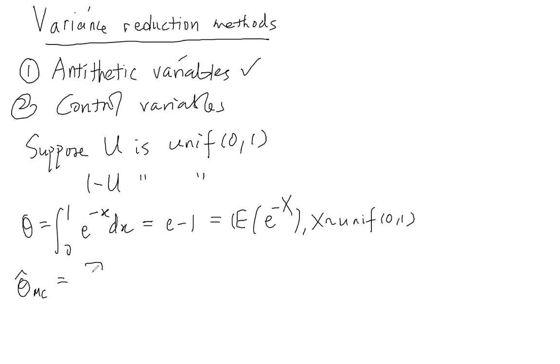So for here, you would basically just take, this is what you have learned, right? Okay, so basically your Monte Carlo estimator would be just like this, okay? Okay, clear?